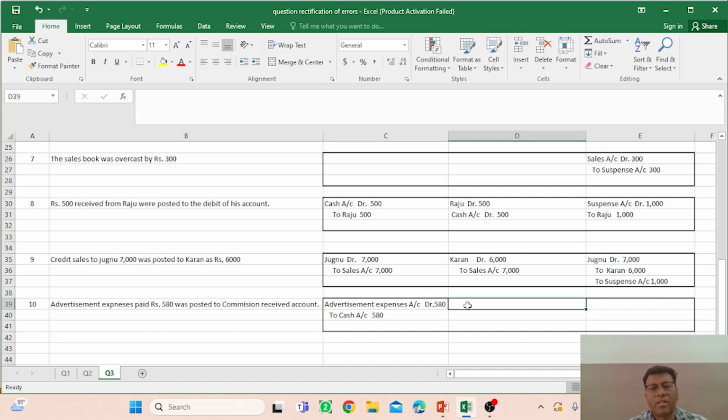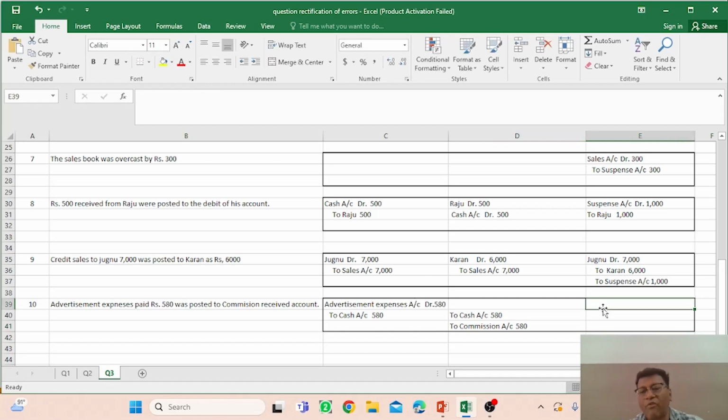But as the account was given to you in the transaction in this particular question, as I told you, if the book is given to you, both sides are affected, and if an account is given to you, a single side is affected, so there is an effect on the credit side, right? So you have to assume that the cash account was intact, so you can write here: to cash account, rupees 580, there was no error, but it was written in the commission account, that is rupees 580, and there was no error made in the amount side.